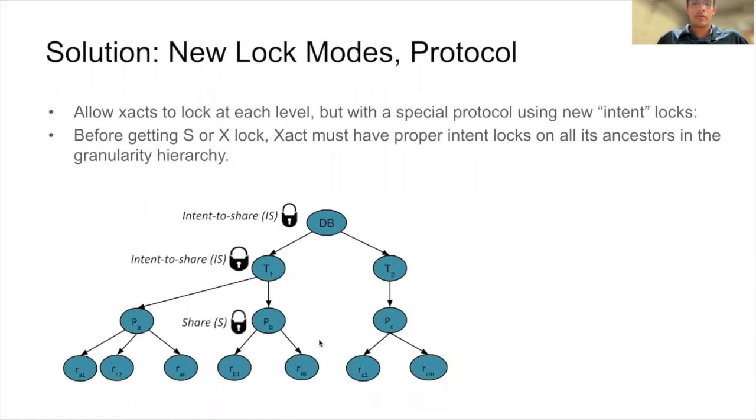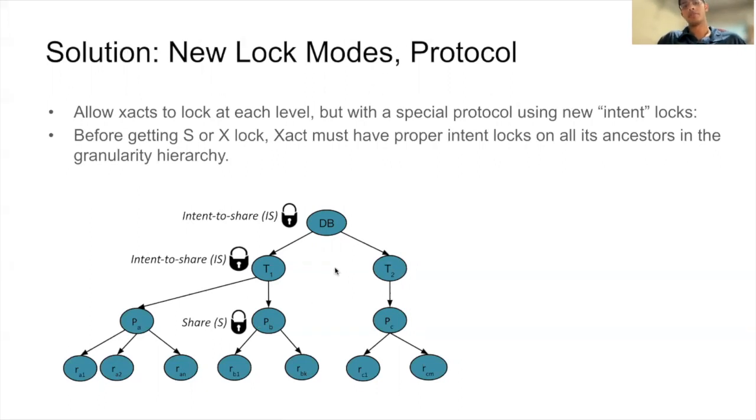For example, if I wanted a shared lock on P sub B, I would need an intent to share lock on T1, its ancestor, and then I would need an intent to share lock on the database itself. Basically saying that I intend to put a shared lock later on down the line in this tree, and then I would follow the chain of intent locks until I actually have the shared lock itself that I want to place.